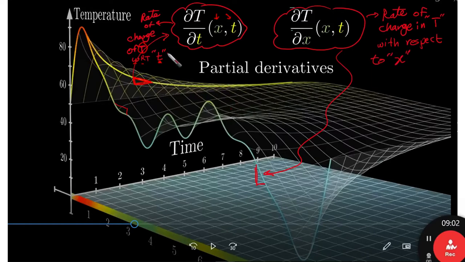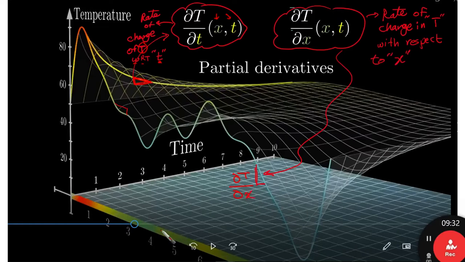We found that it is related to what? Related to the partial derivative of the function along the x-axis. Look here at this function. The slope at any point here is going to be exactly partial t partial x.